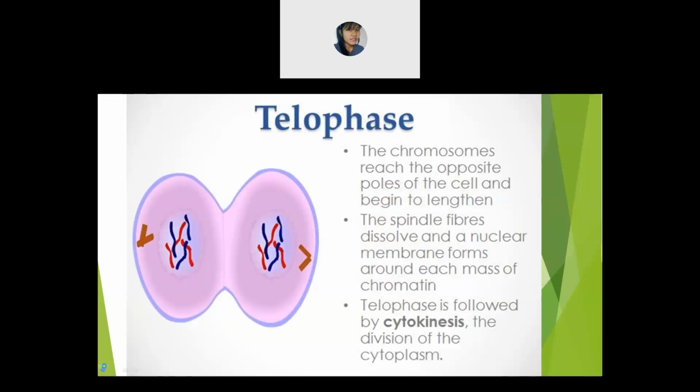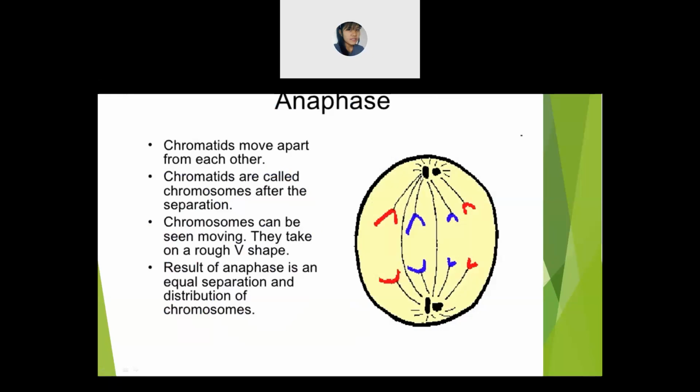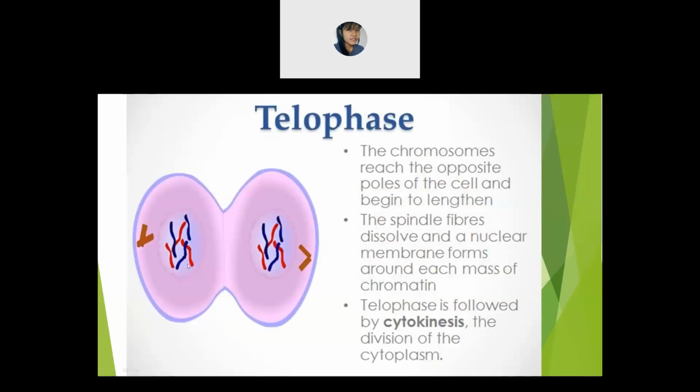In the telophase, what will you get? The chromosomes reach the opposite poles. Here they were not at the opposite poles, there was some space. But in the telophase, they will be near the poles. These are the two poles.